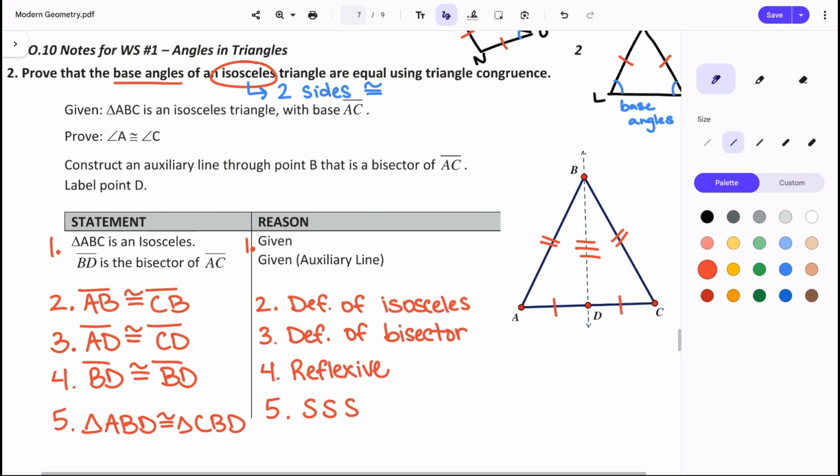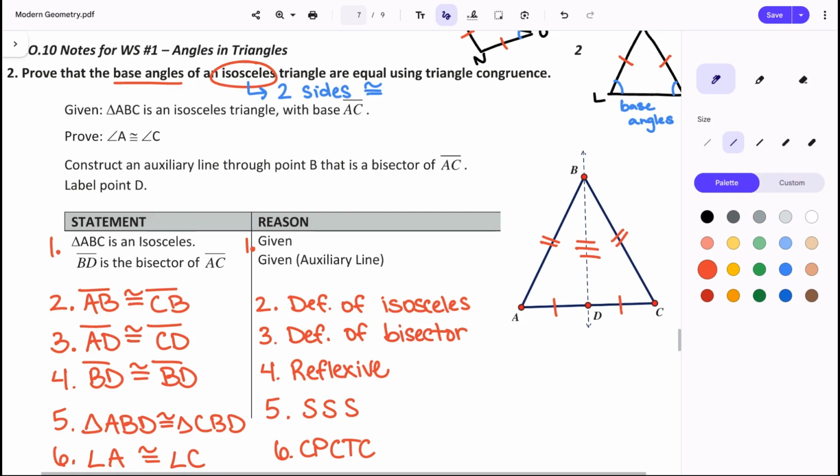All right, we're not quite finished. We got to our congruent triangles. And this is something that we talked about last week. If you have congruent triangles, that means that everything about them should match. So I should be able to say that those base angles A and C are congruent. Do you guys remember what the reason was? Good, CPCTC.